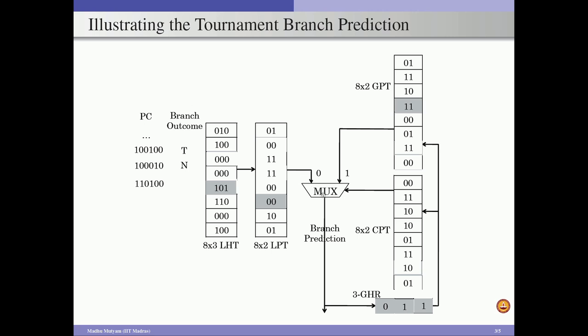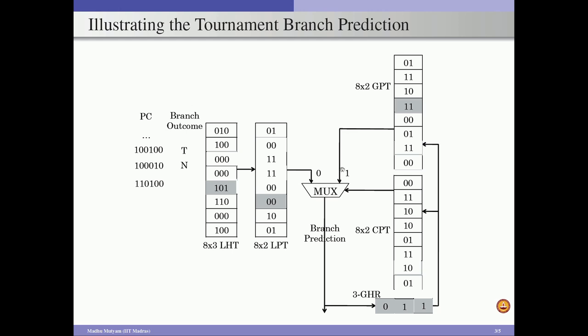We give that value to the mux, but our global history register has a value 0 1 1, which is a 3. So, we index into the 3rd entry in our global prediction table, and the 3rd entry has a value 1 1. That indicates that this is going to be taken. So, effectively according to the global prediction table, the branch is going to be taken. So, this has given a value 0 and this has given a value 1.